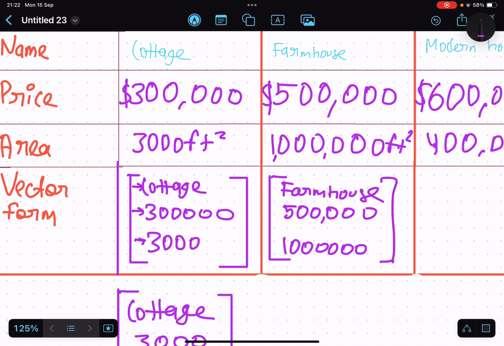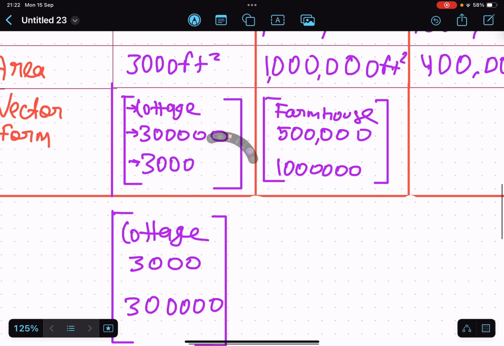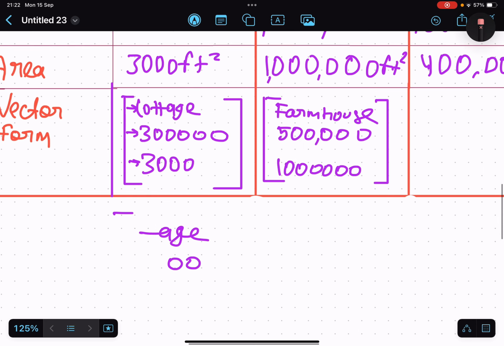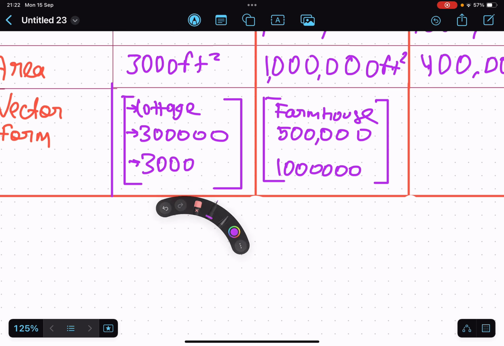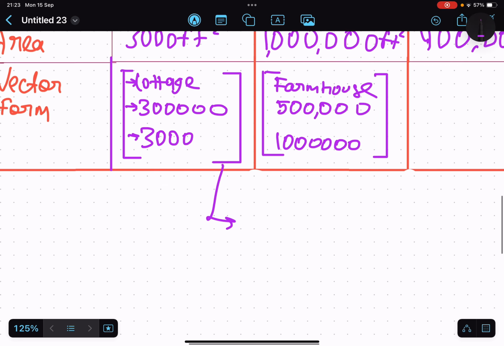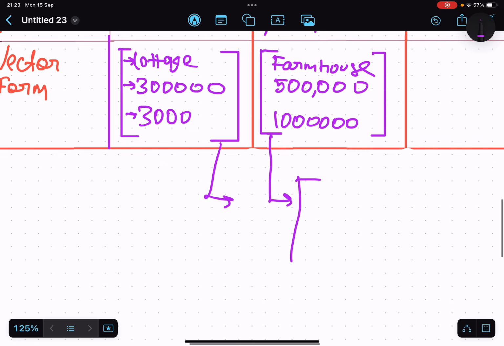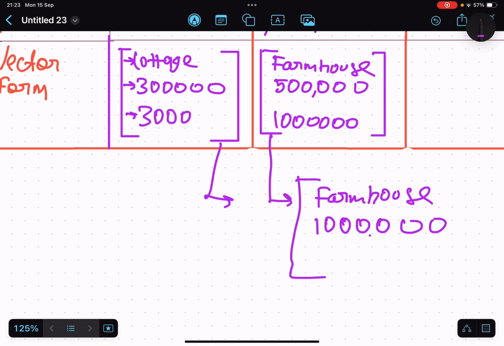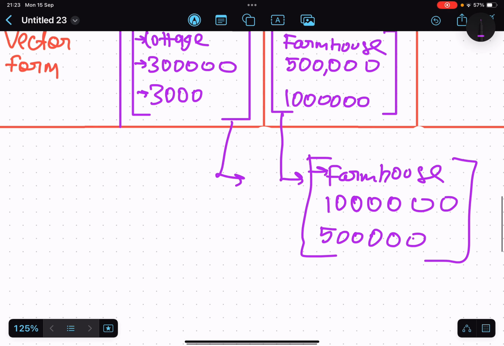Now, this is the system we are following, right? This was kind of the precedent. So after that, if I write it like this: farmhouse, and then a million, and then 500,000, this would be wrong, because now I'm saying that the name of the house is the farmhouse, and it costs $1 million, and it has the area of 500,000 square feet, which is wrong, right?